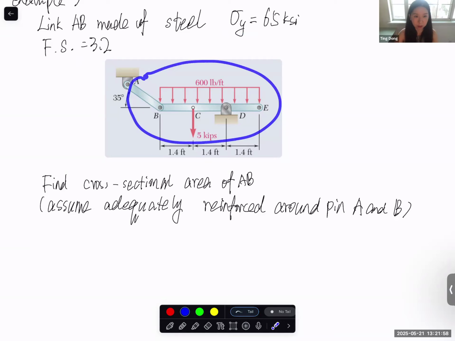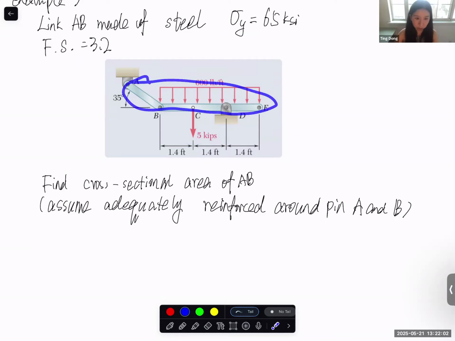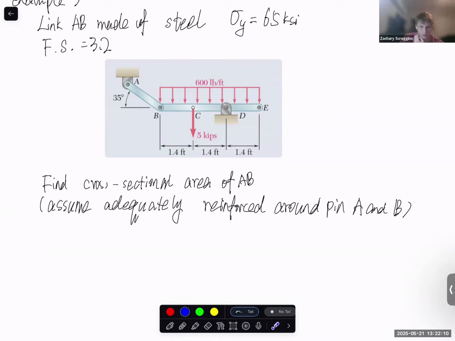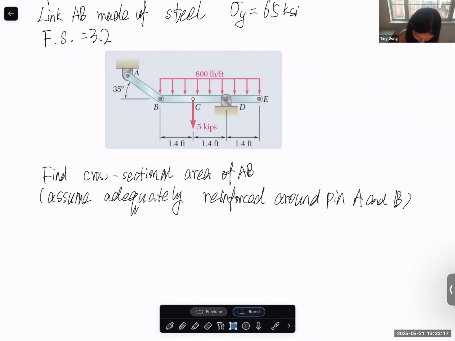Should we do the entire structure, or this part, or this part? Should we do a free body diagram of BE and then treat AB as a two-force member? Yes, thank you. So let's do a free body diagram of B. AB is a two-force member, so that way we can calculate the internal normal force in AB.